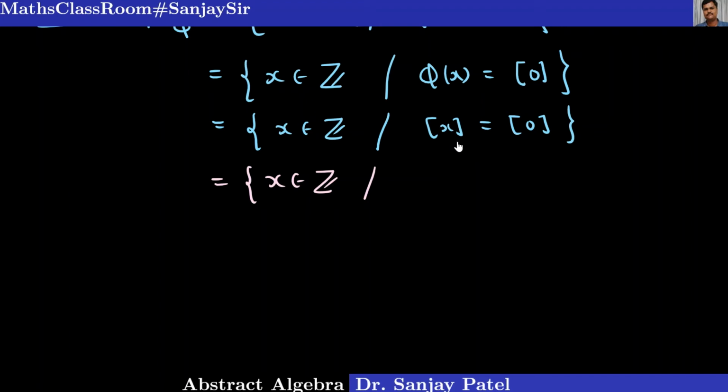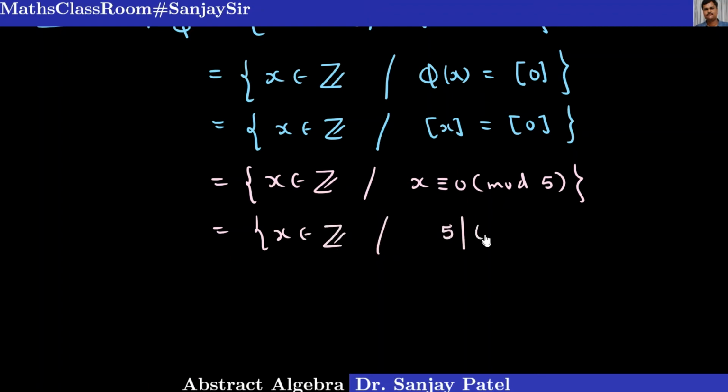The two classes x and 0 are equal if and only if x is congruent to 0 mod 5, and that means it is the set of all integers such that 5 divides x minus 0.